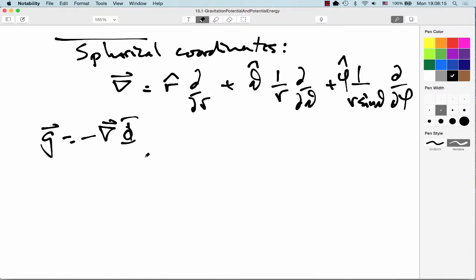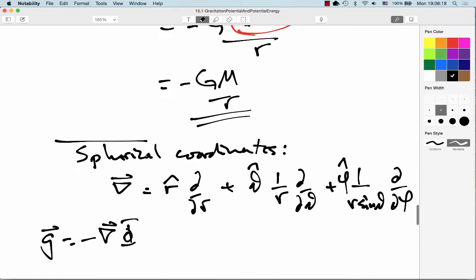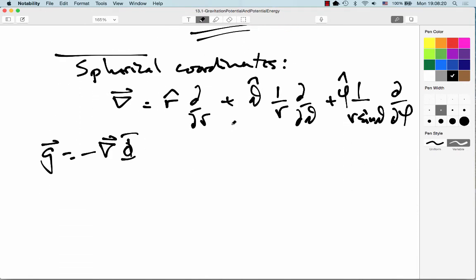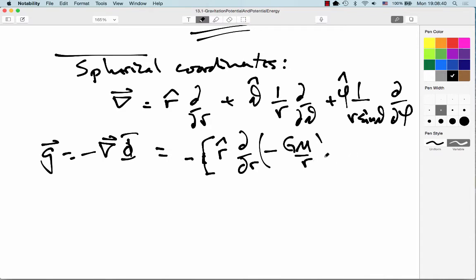So g is minus the gradient of phi. So that will be minus times, so we'll have an r hat partial r of minus GM over r, and then the other terms just wind up being 0 because we're taking derivatives with respect to theta and phi of something that only depends on r.